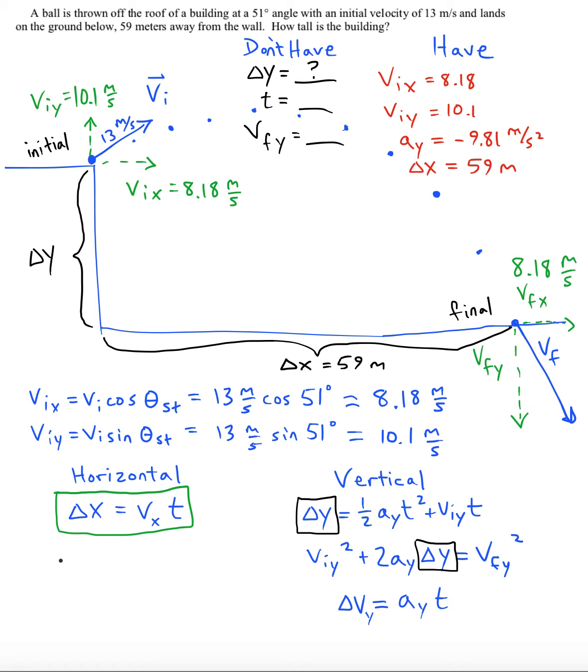All right, let's plug in what we have. We have the delta x. We have the velocity in the horizontal dimension. It's this. So we can solve for the unknown time. That's what it takes, is just looking through the formulas and seeing which one is viable.